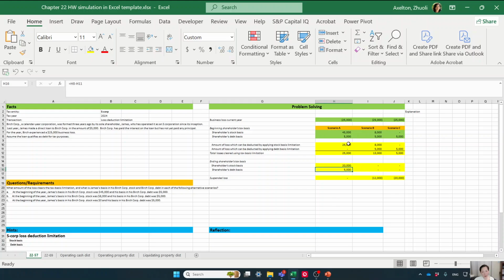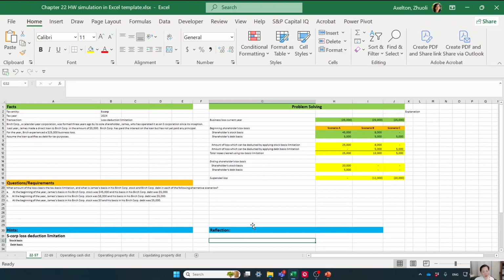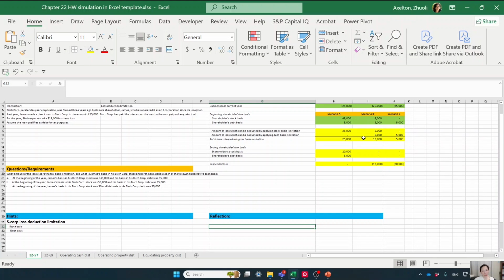Some of the formulas are built in here. Why we use minimum. Why sometimes we use different formulas in different rows, and what's the purpose of this calculation. So the reflection is something you do after you have done the calculation, trying to figure out the takeaway.